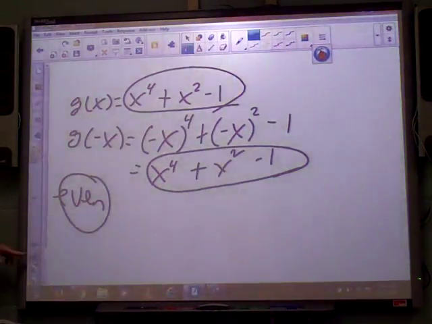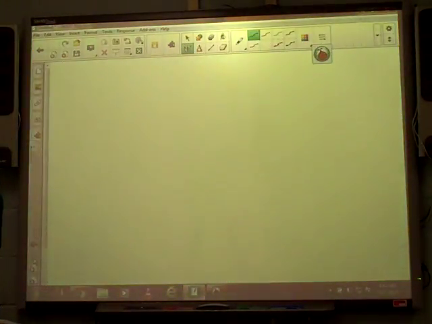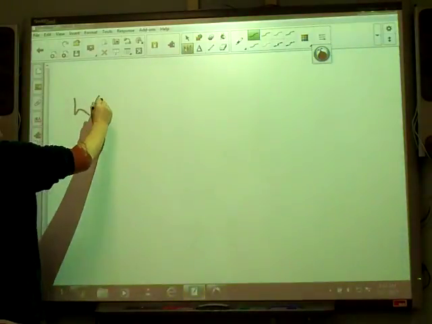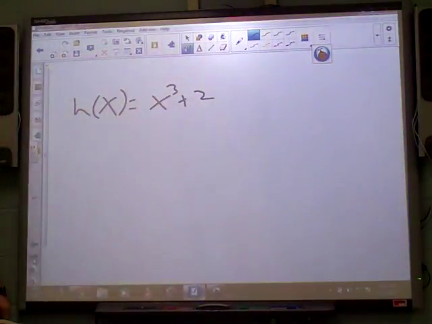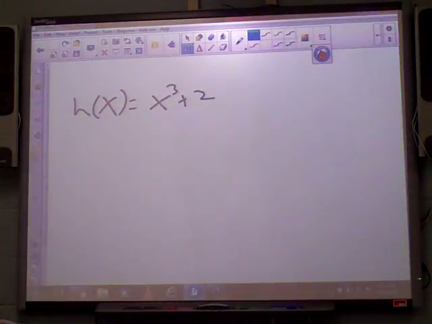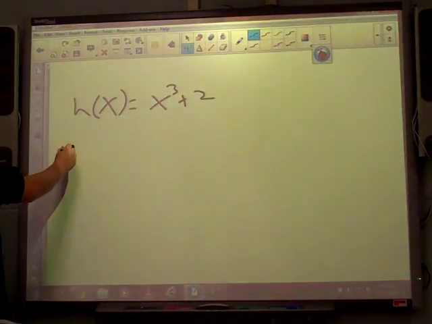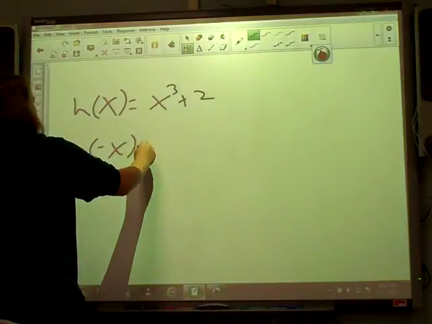Alright, this one I've got h of x equals x cubed plus 2. First thing we're going to do is replace x with a negative x.